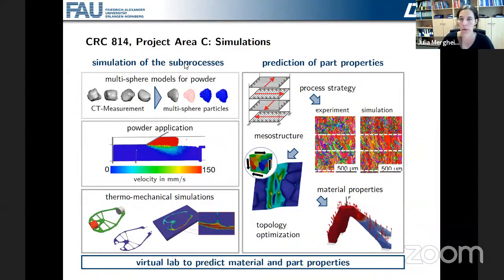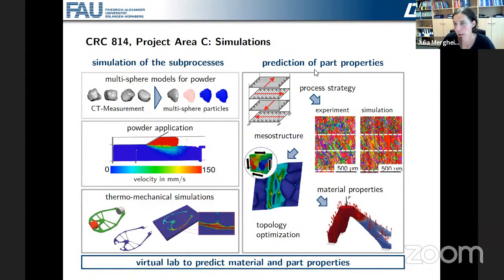And I would like to introduce it in a bit more detail. So the aim here is that we simulate within this research area the different sub-processes which are there in the selective beam melting process. So for example, we have simulations for the powder material and the powder application process, but also thermomechanical simulations of the melting process itself.